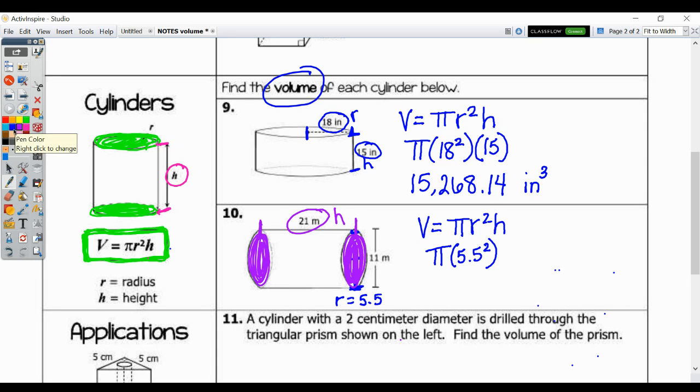So where it says H, I'm going to substitute in 21. Now if I type in my calculator pi times 5.5 squared times 21, I'll get 1,995.7 meters cubed.